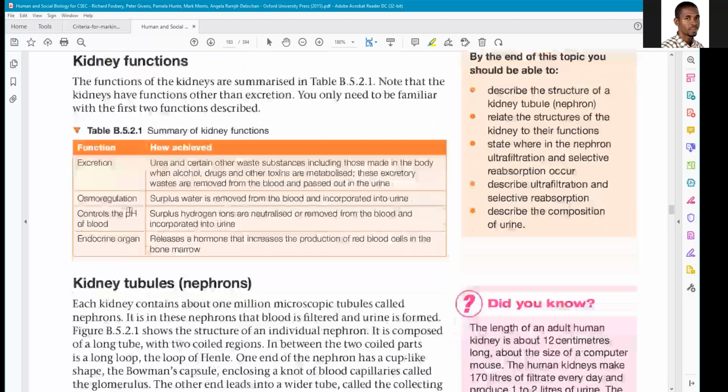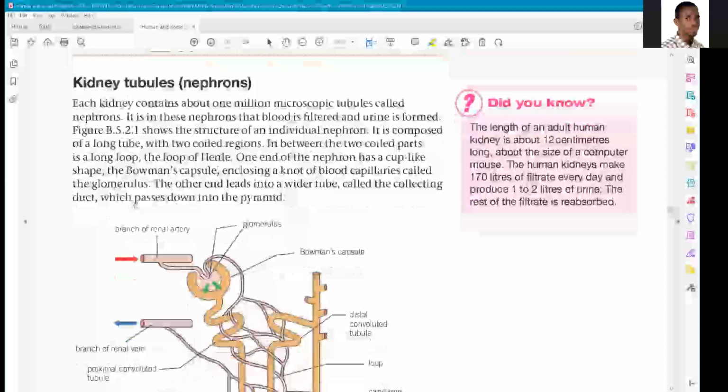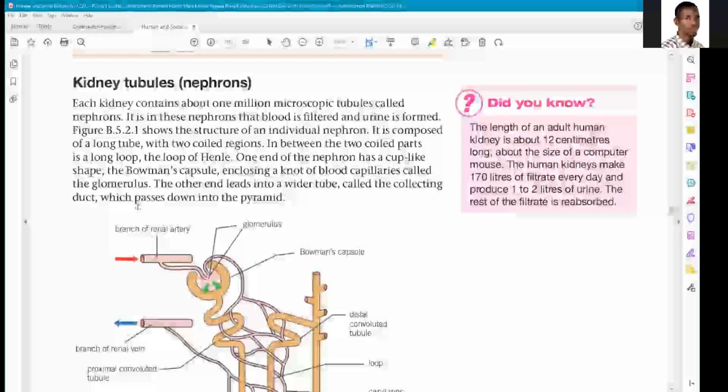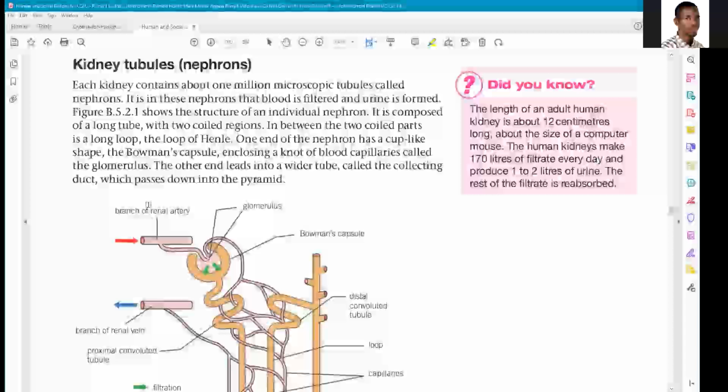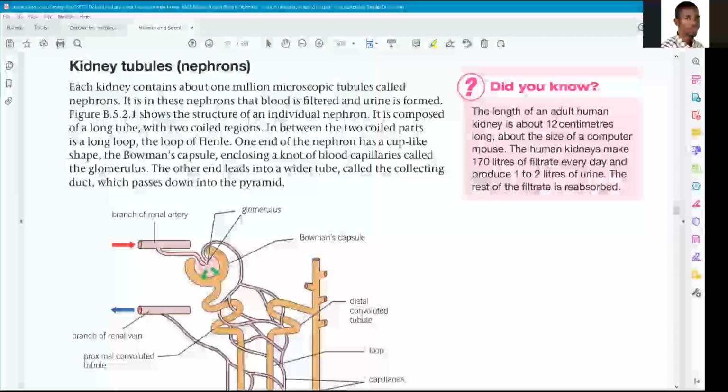So the kidney tubules now, this is what I was talking about. Each kidney contains about 1 million microscopic tubules called nephrons.